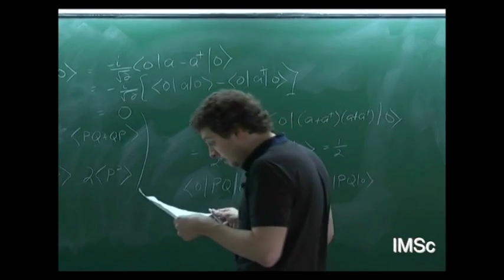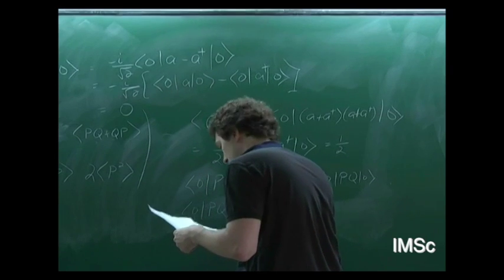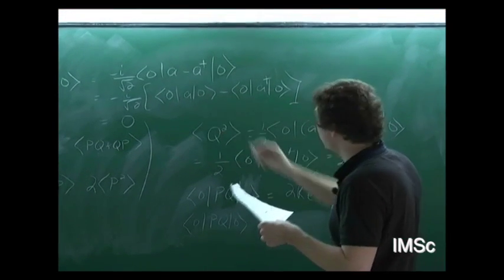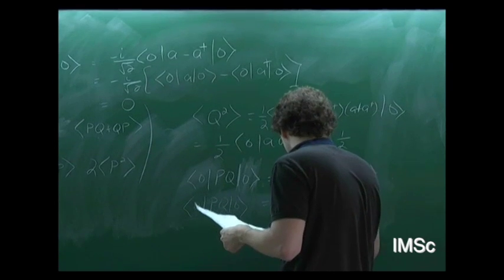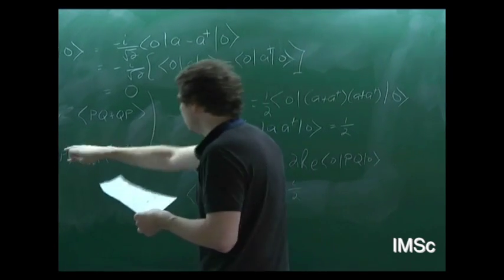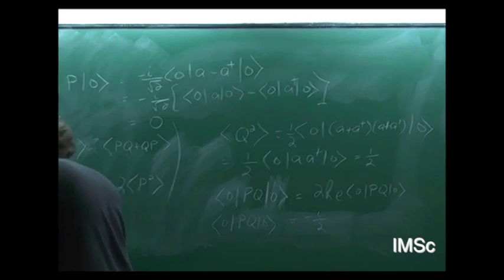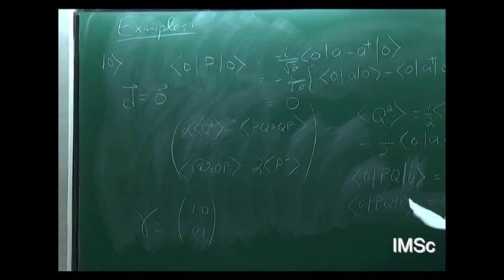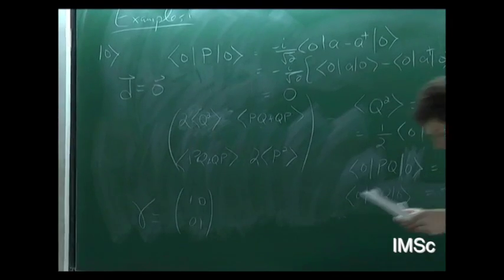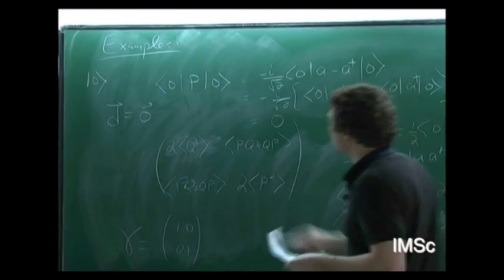So what is that? Well, the expectation of PQ, I can just substitute in again the definition, and it turns out it's just minus i over 2. And that means these off-diagonal terms are 0. So what I end up with for this state is just the identity. Okay, so that's the vacuum.